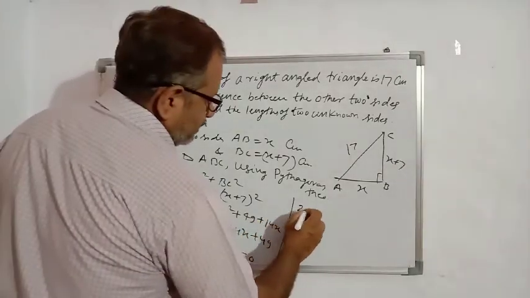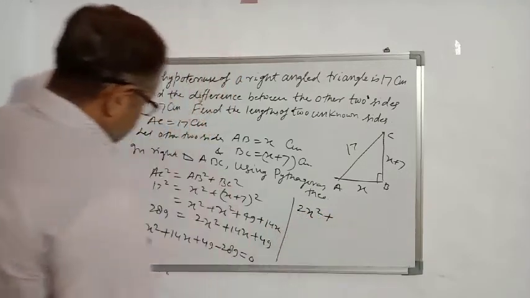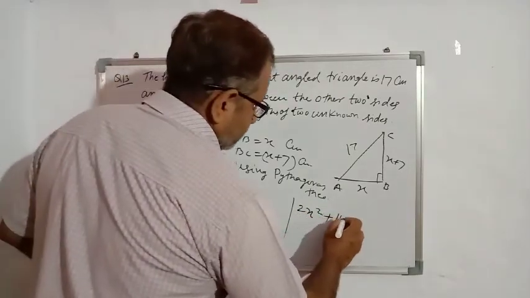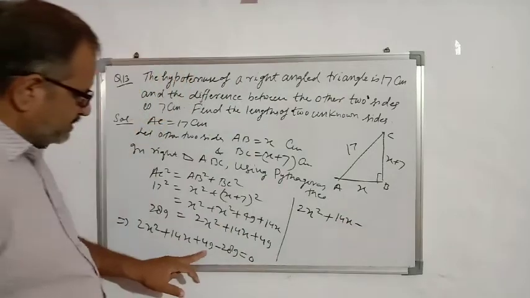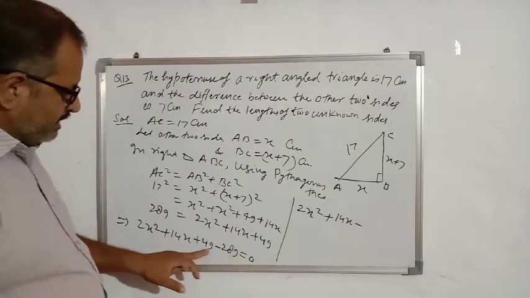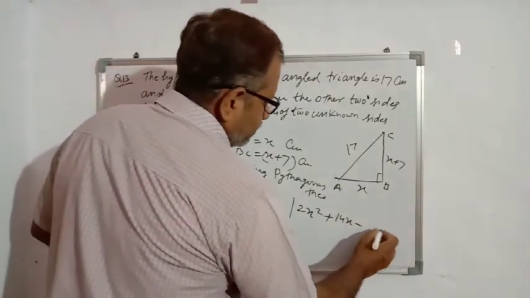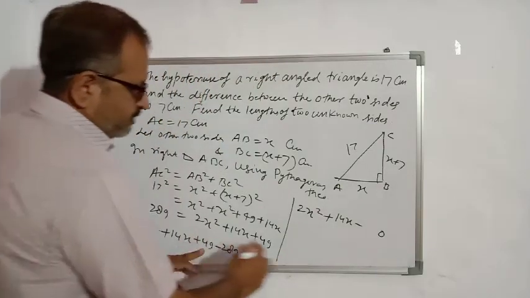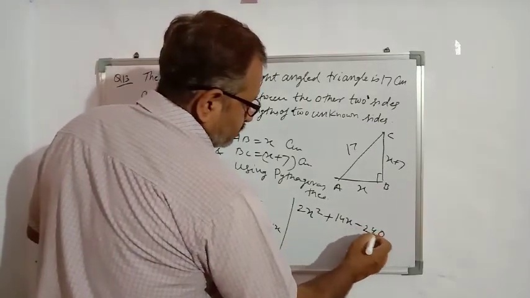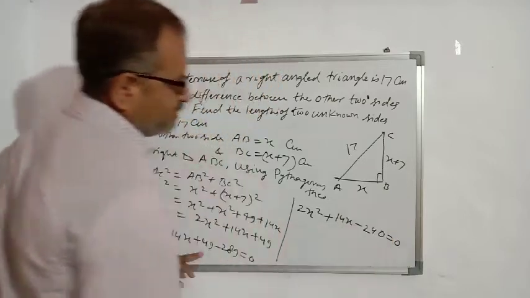Now we will simplify it. 49 minus 289 is minus 240, so 2x square plus 14x minus 240 is equal to 0.